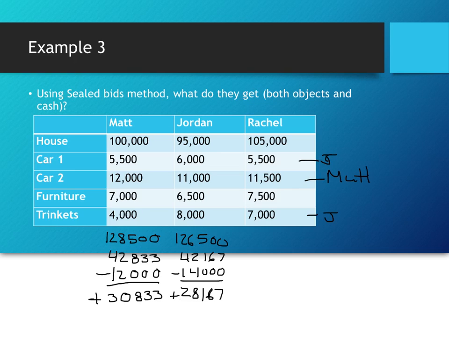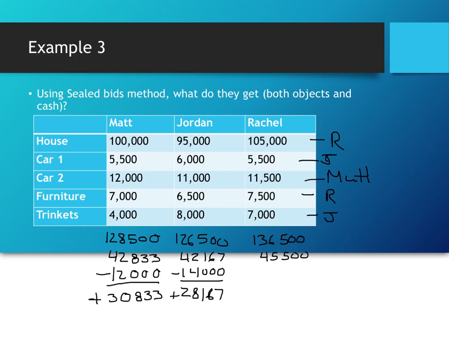Rachel, well, all of her bids add up to $136,500. So that means her portion in her eyes looks like $45,500. She receives the house and the furniture. Okay?